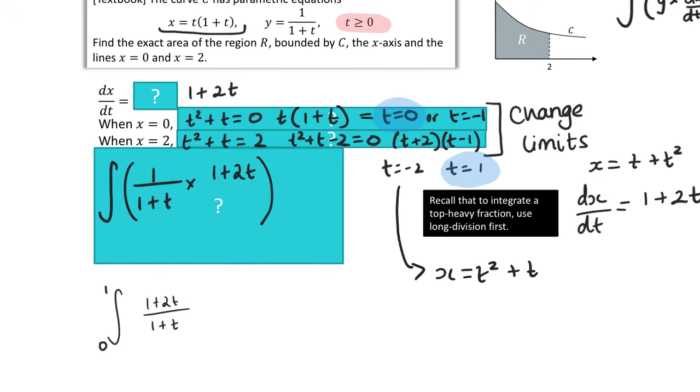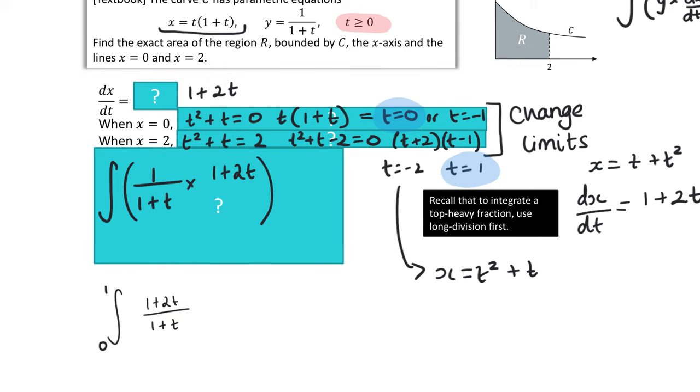Does anyone remember this is in fact a top-heavy fraction? A top-heavy fraction, for example, 7 over 5 is top-heavy. Why is this top-heavy? Yeah, because the numerator is greater than the denominator.